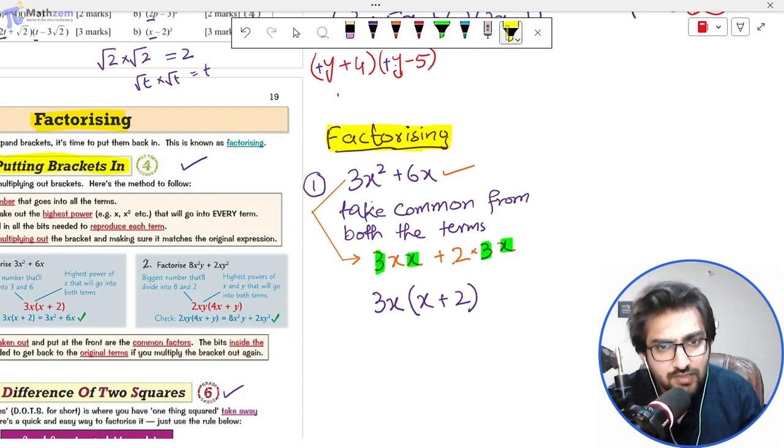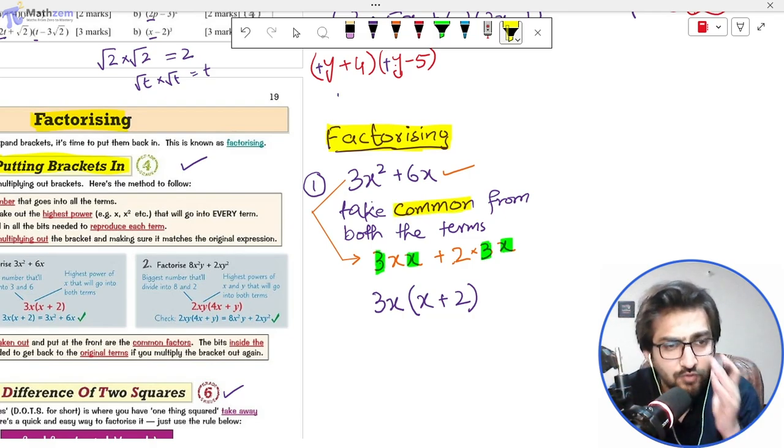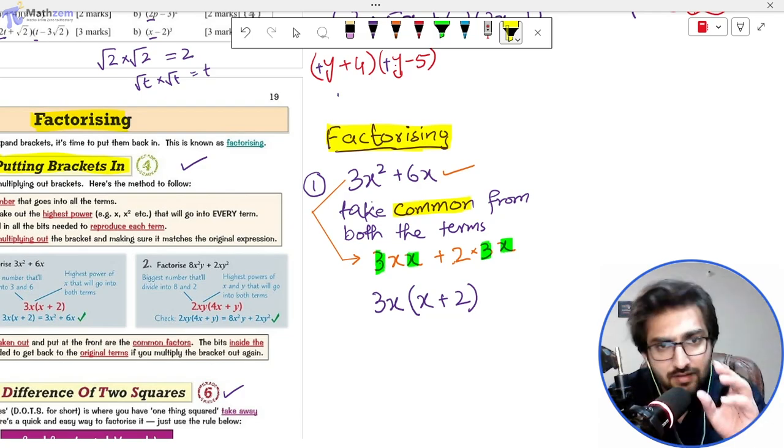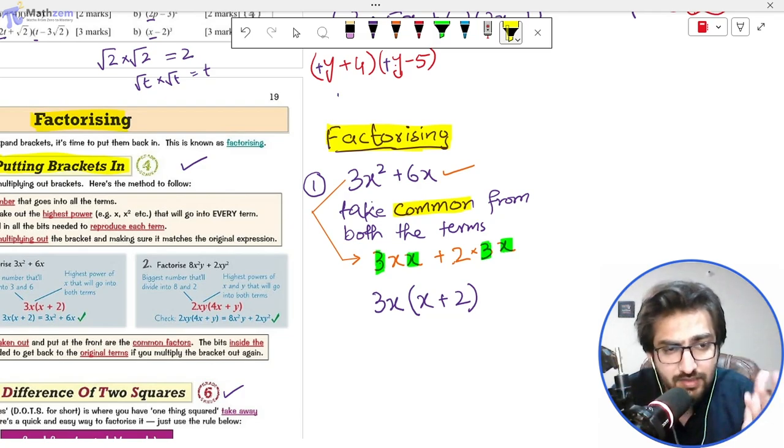Actually, you need to take common from both of them. And normally if you look at it, you might not see the common things in both of them. If you don't see, you can split it: write 3, write x square as x times x, write 6 as 2 times 3, and keep that x there, and then find the common things.